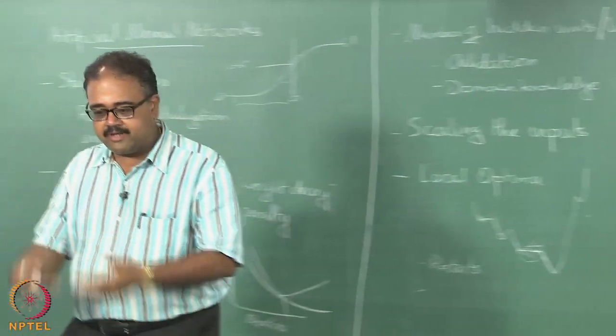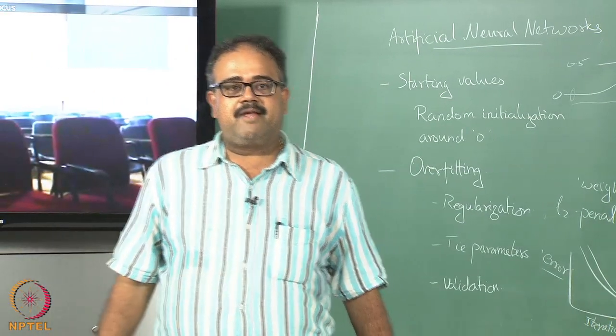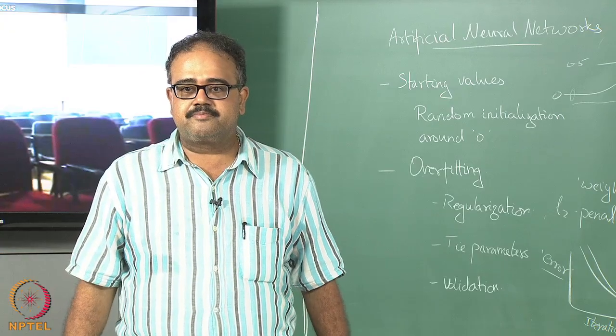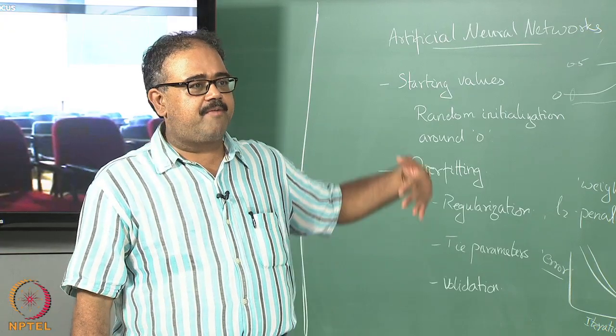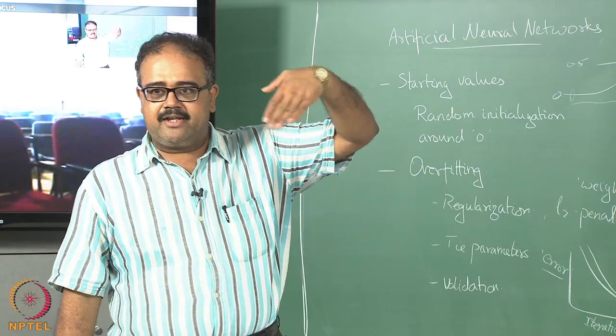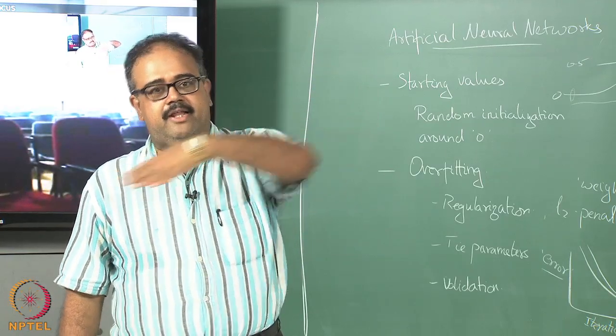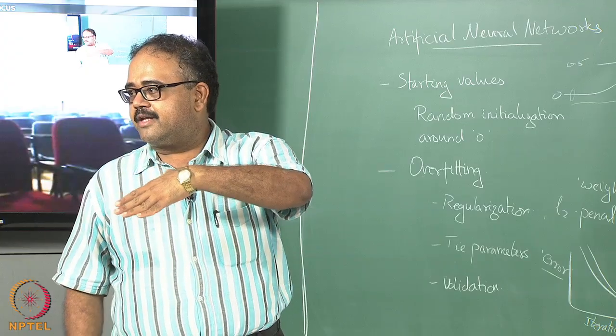Think of it from a dynamics perspective. People have added something called momentum. If you have been moving in a particular direction, descending a little bit, do not stop, just keep going in that direction for some more time. That is momentum.